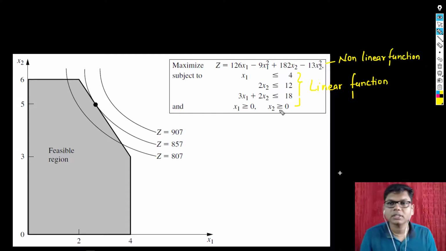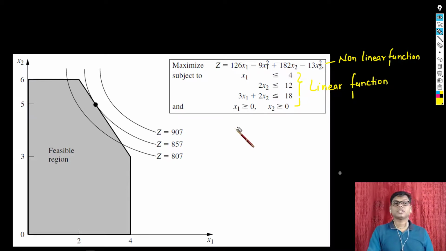Now the point is, how will you solve it? The feasible region will be similar to the first problem which we have solved, but the objective function will change now. And you see, for different values of x1 and x2, we are getting different z values. As the z value is increasing, this is shifting upward in this direction.